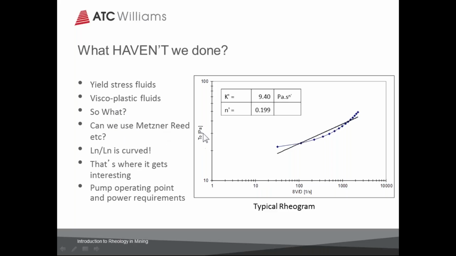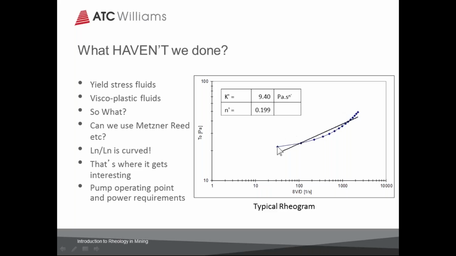I've plotted on the right-hand side here a typical bulk rheogram in terms of the bulk shear rate and the wall shear stress. The interesting bit is that what Metzner-Reed did was assume it would be a straight line relationship. And that's where the two constants, the K prime and the N prime, come from. But if you have yield stress, this line is curved.